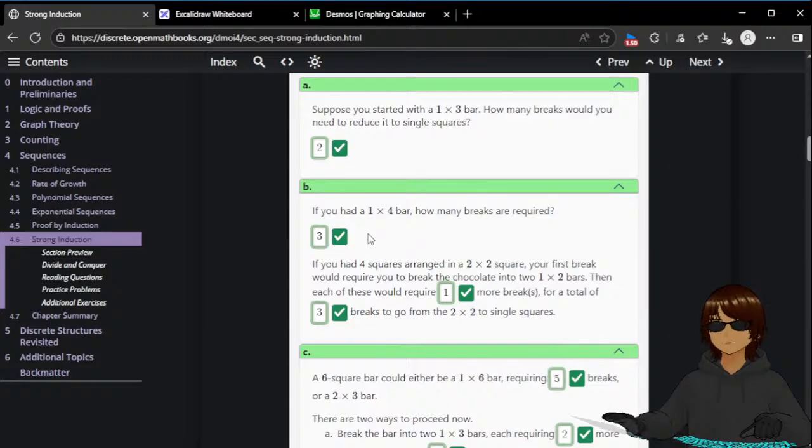How many breaks are required? 3. But if the four squares are arranged in 2 by 2, then the total is also 3, right? One, two, one, two, three.